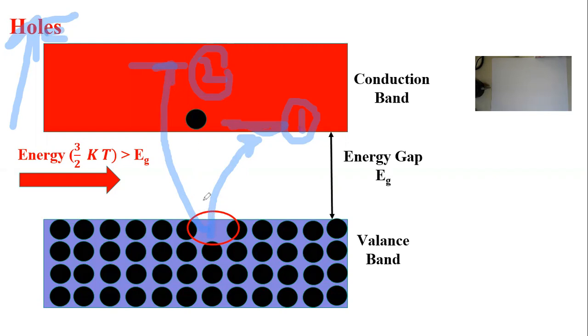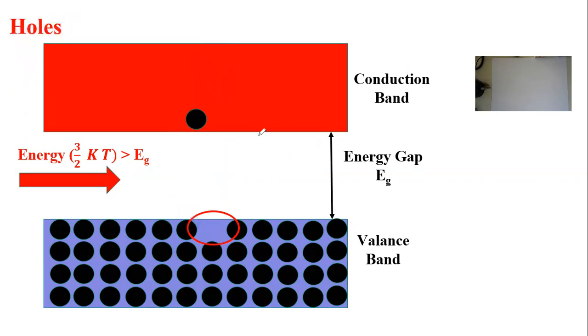It's easy for you to jump this distance, but it's much more difficult to jump to state number 2. So the probability to find an electron in state number 1 is much higher than the probability to find an electron in state number 2. Okay, great. So what we are searching for is a probability function that is a function in both temperature and energy.